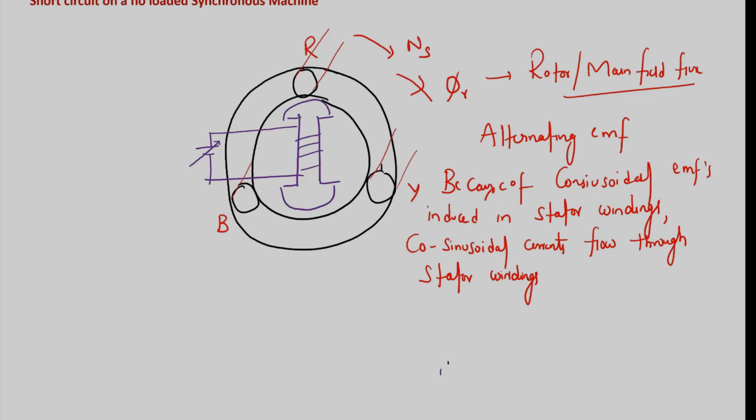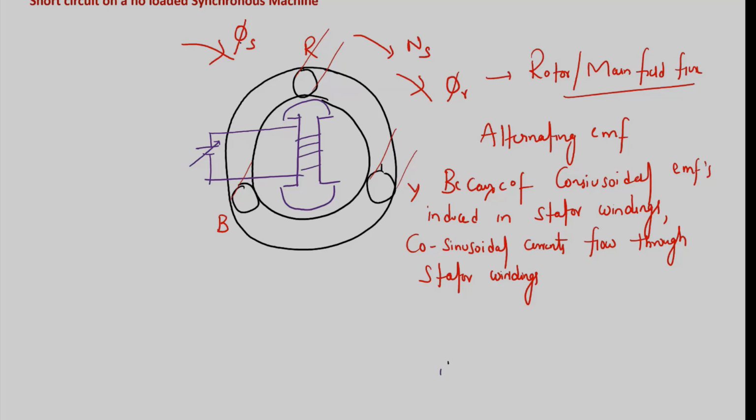When the cosinusoidal currents flow through the fixed stator windings, again a cosinusoidal flux is induced. This flux is called stator flux. Because of the currents induced in the stator windings, one more rotating flux is produced, which again rotates in the same direction as the rotor flux.